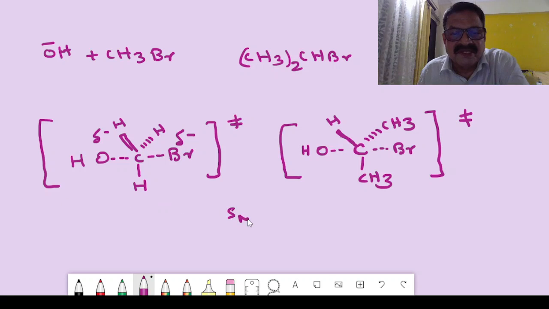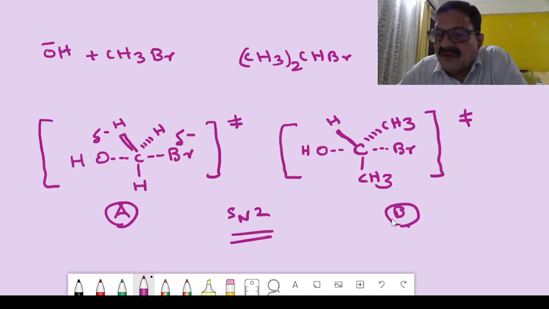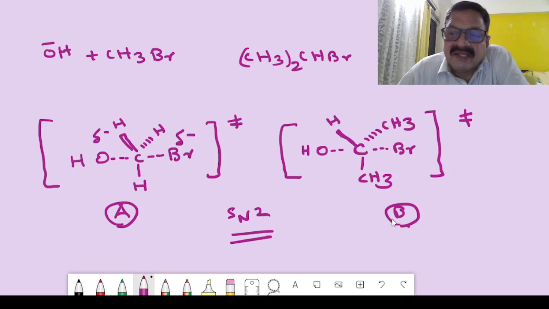So you can see the difference here, between transition state A and transition state B, at the central carbon atom. In B, the transition state is a more crowded carbon atom, so higher energy and slower reaction. The bulky alkyl group is creating the steric effect. In the first one, the less crowded transition state gives a faster reaction and lower energy.